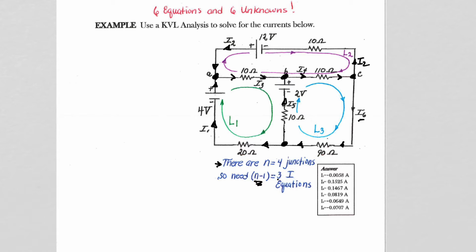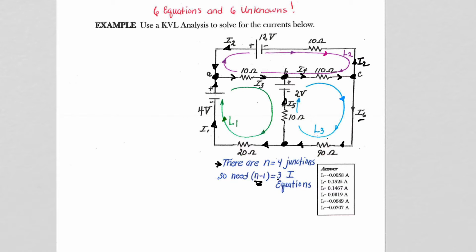My loop 1 is a clockwise interior loop. My loop 2 is the interior clockwise loop up here. My loop 3 is the bottom. And as I said previously, you can choose other loops, but to just compare our equations and talk about any questions in your analysis, choose these as your loops for your equations.